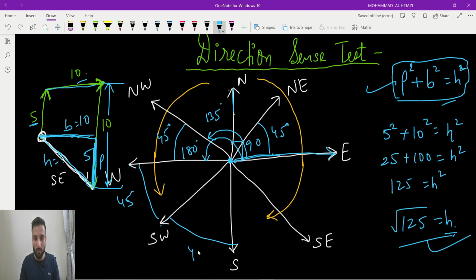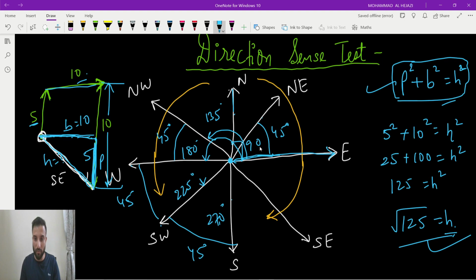Southwest to south it is 45 degrees. From the starting point to here, how much will it be? 180 plus 45, it is 225 degrees. Then again till south, 225 plus 45 is 270 degrees, like that only.